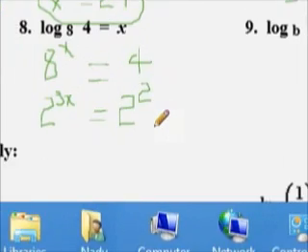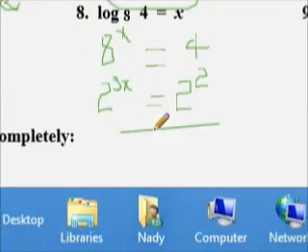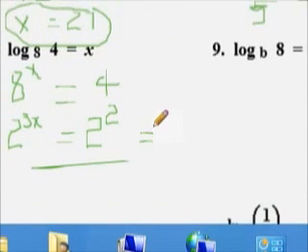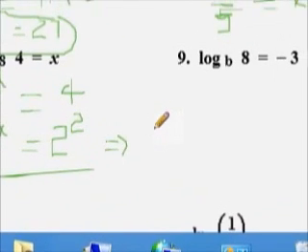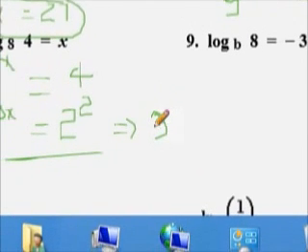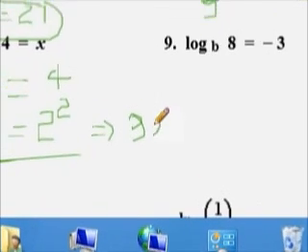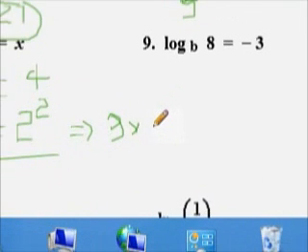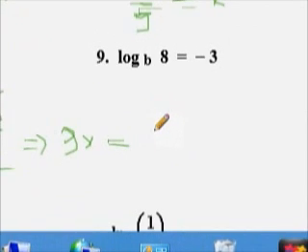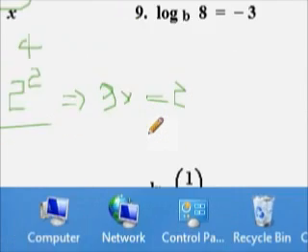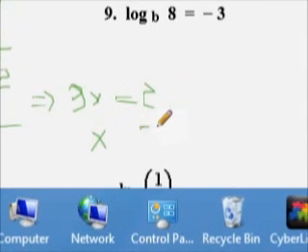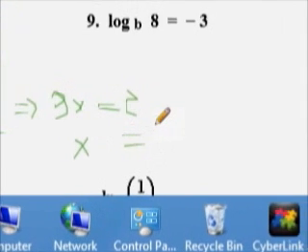So here I can say 3x equal 2, no, x equal 2 over 3.